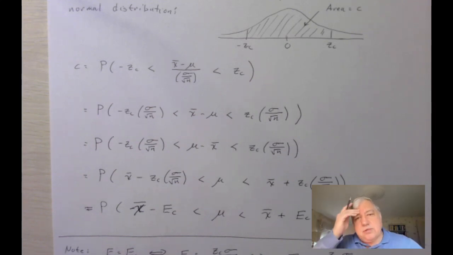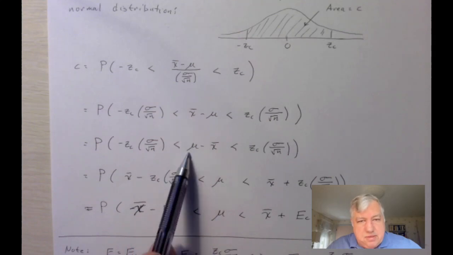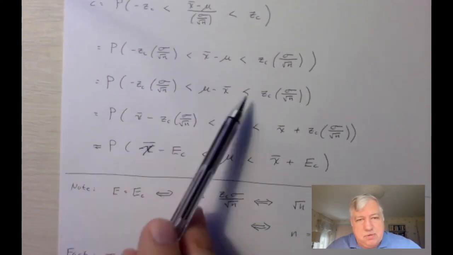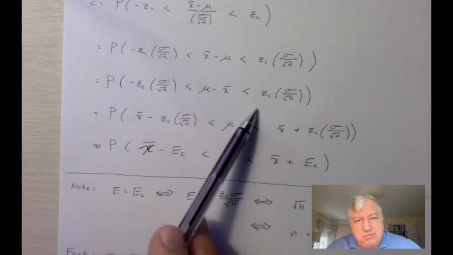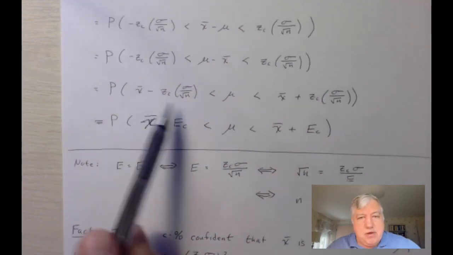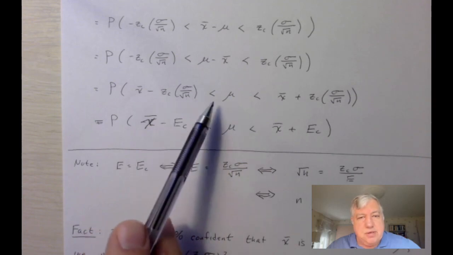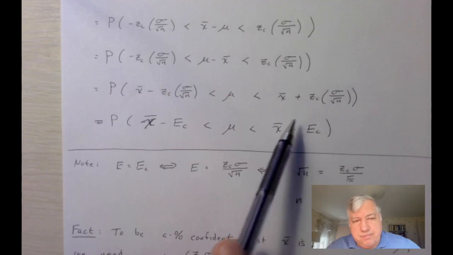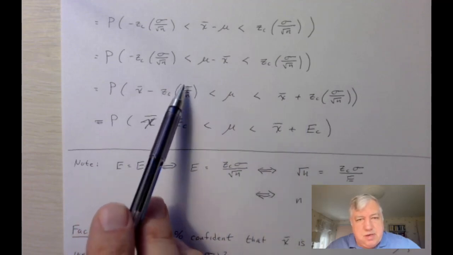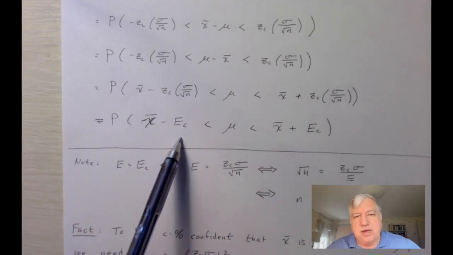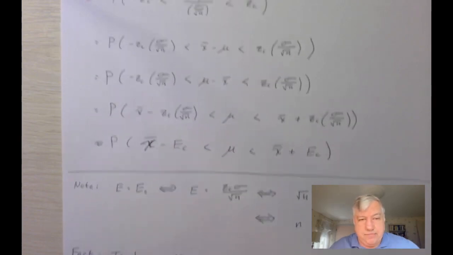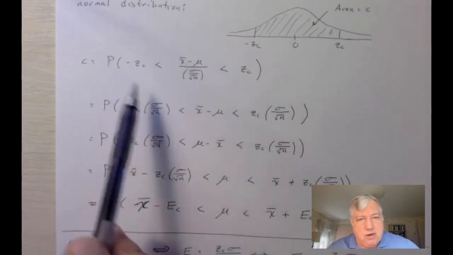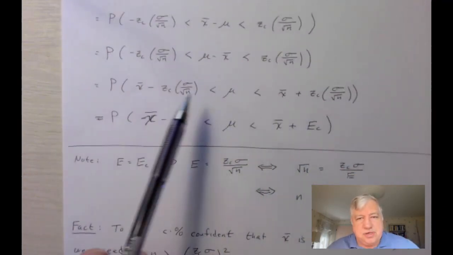So hopefully you can see that this and this are equivalent. Then from here we can add x bar to all three sides, and we get that mu is bigger than this number and less than this number. But this number is z sub c sigma over square root of n. That's precisely e sub c. So this inequality is equivalent to that inequality.